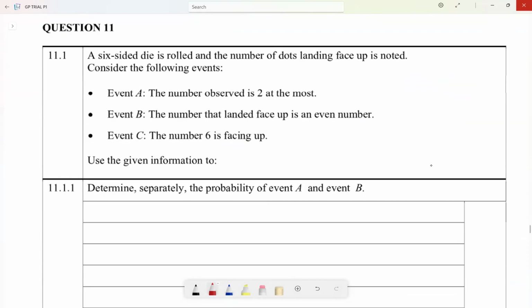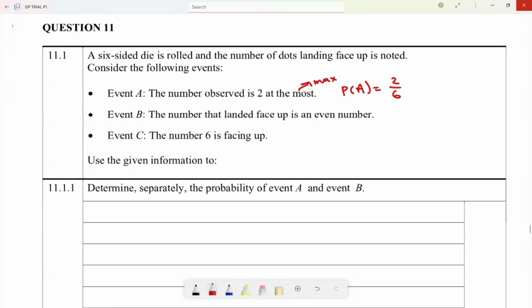Event A: the number observed is 2 at most. At most means at maximum; the maximum number observed was 2. So the probability of A is 2 numbers out of a possible 6. Remember, a die has 6 numbers.